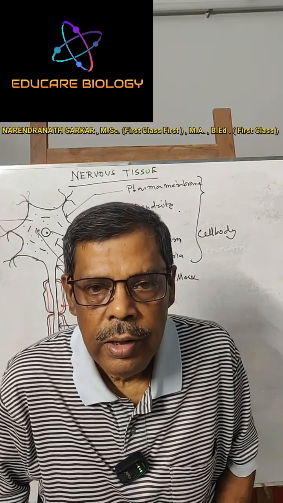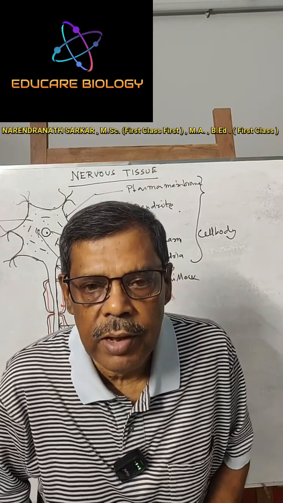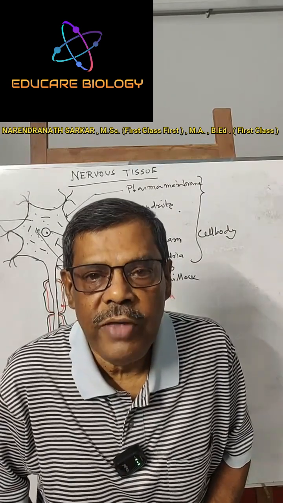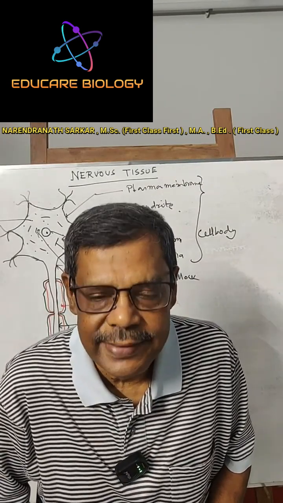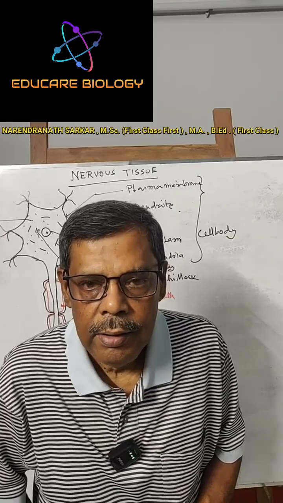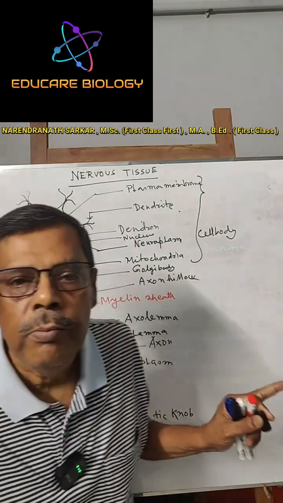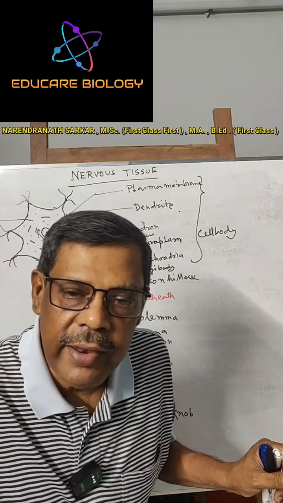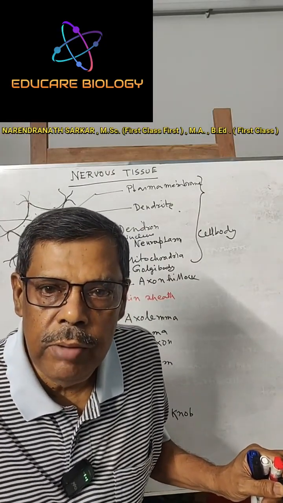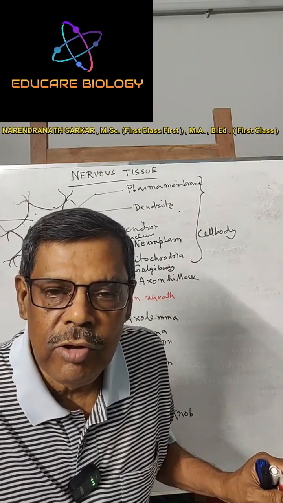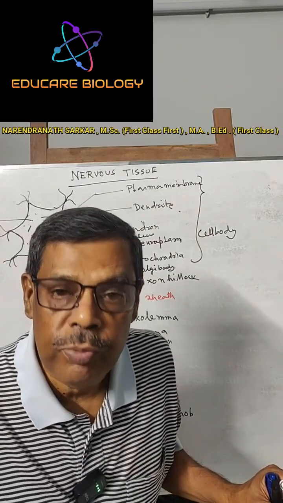Because in the peripheral nervous system, Schwann cells, which are neuroglial cells, produce the medullary sheath. So between the medullary sheath and neurolemma, there is the nucleus of the Schwann cell.